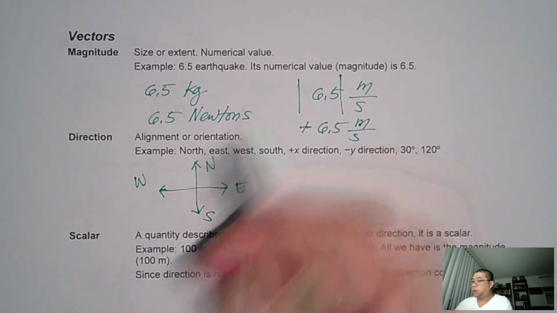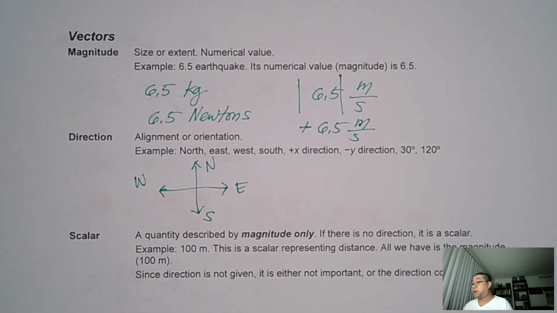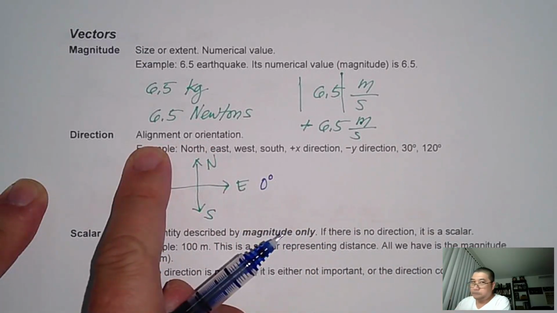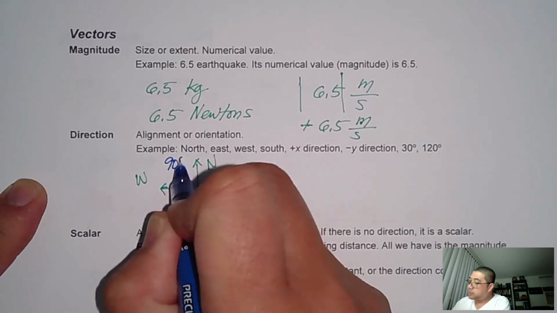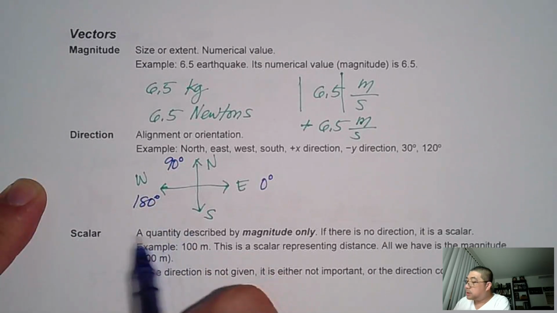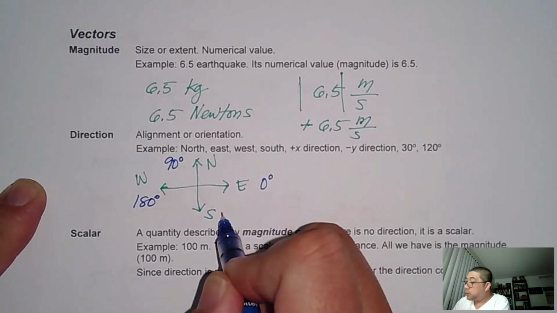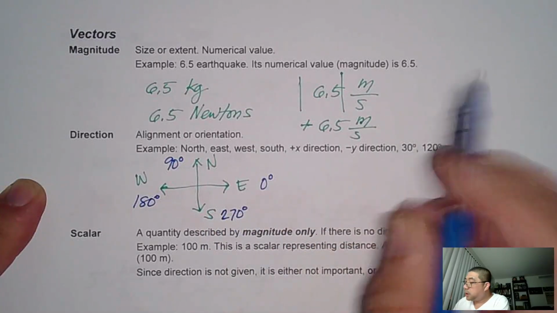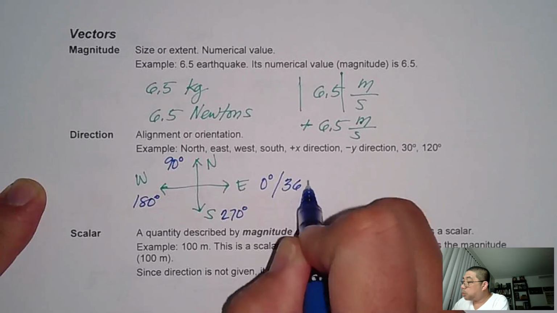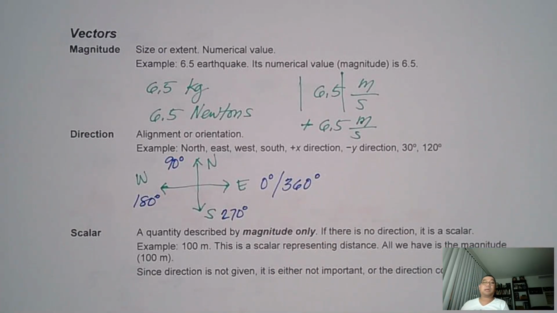In math classes, we don't use NESW, but instead this is the first quadrant, so this is your 0 degrees, and right here is 90 degrees, and on the other end is 180 degrees. Plus 90, so going down is 270 degrees. And then when you complete the revolution, this is something that you're most familiar with, and that is 360 degrees. So those are the directions, or the bearing, the location of it.